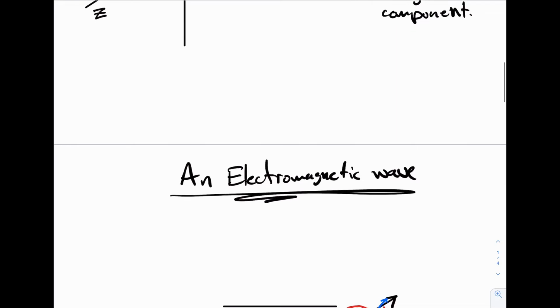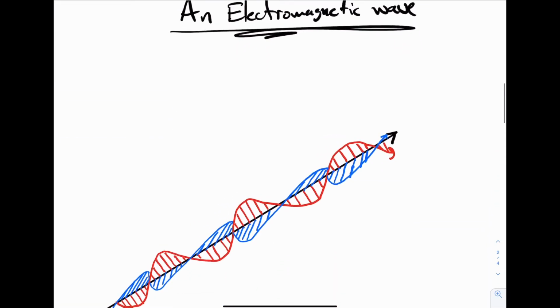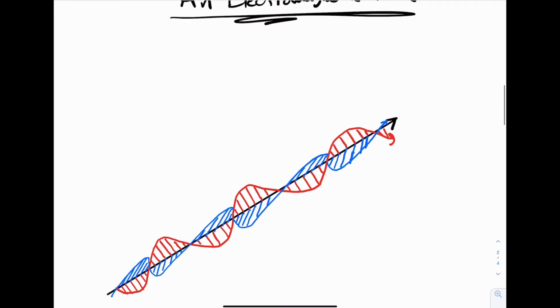So we have an electromagnetic wave where we have 2 different components always working together, the red and the blue component. And as you can see, those should have a similar perspective to the cube that we just looked at. So we should have both red and blue components, and those are going in the direction shown by this vector here.